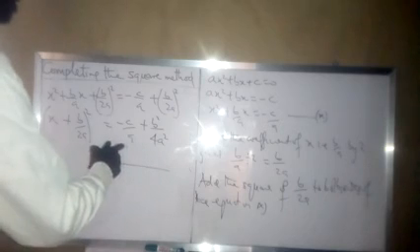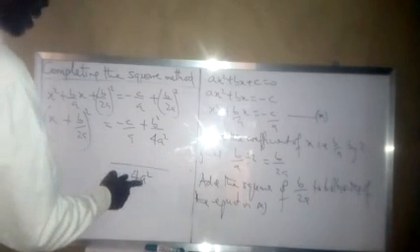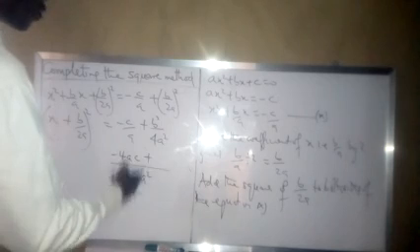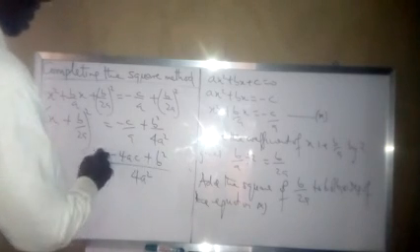Find the LCM here. The LCM is 4a squared. 4a squared divided by a gives 4a, times minus c gives minus 4ac, then plus 4a squared cancelling gives 1 times b squared.